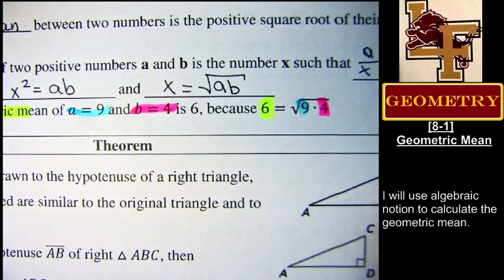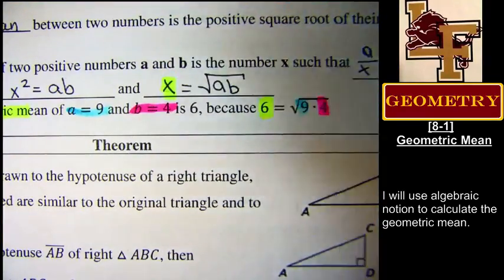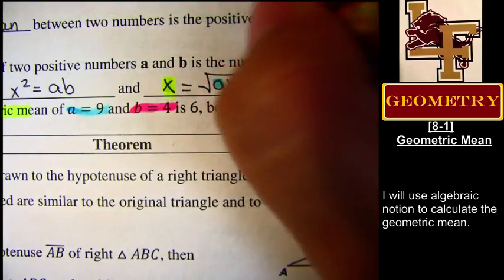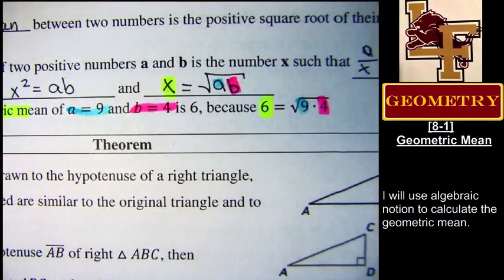That's the formula for geometric mean. Let's scoot down to examples 1 through 6 and play with these a little bit so we can figure out how these formulas work.